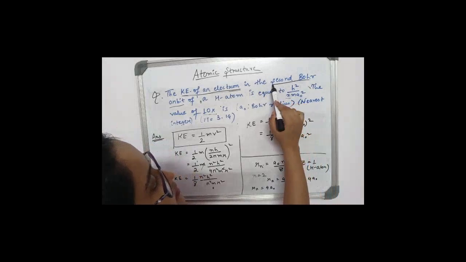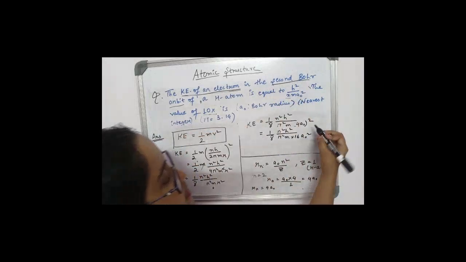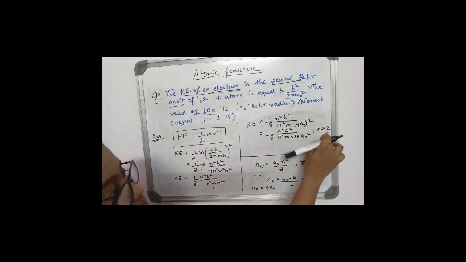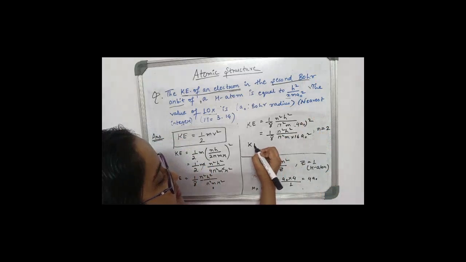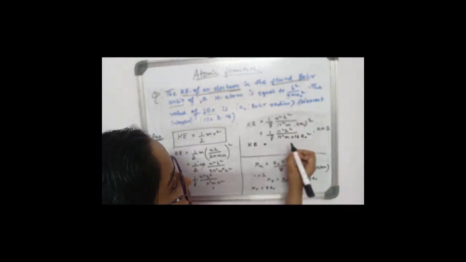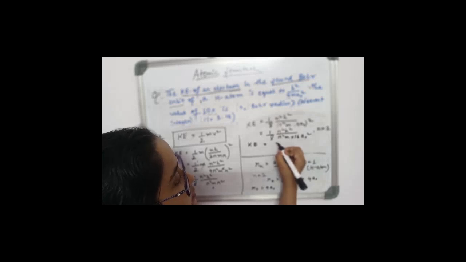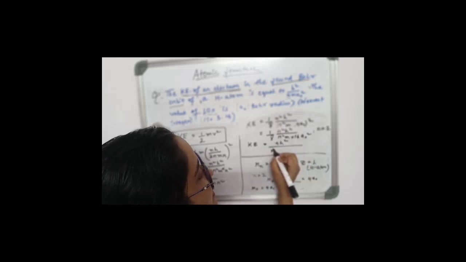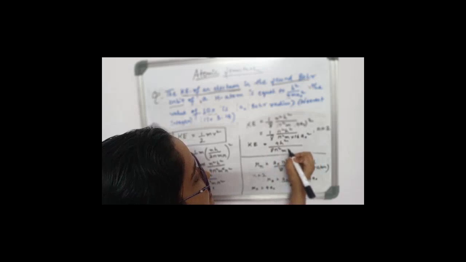Now in this case, we have to find out the second Bohr orbit, so n is equal to 2. Since n is equal to 2, the kinetic energy equation that we get is 2 square h square by 8 pi square m into 16 a0 square.